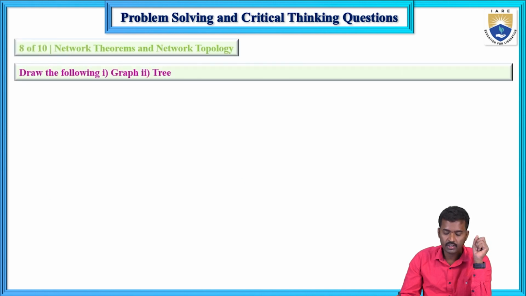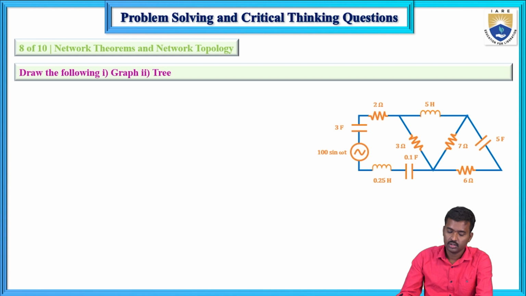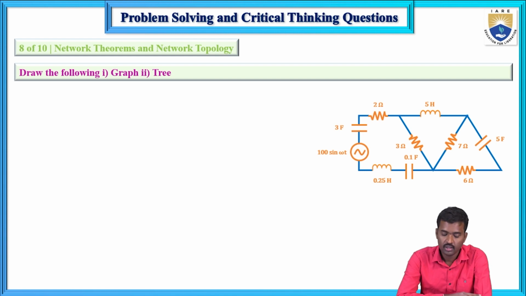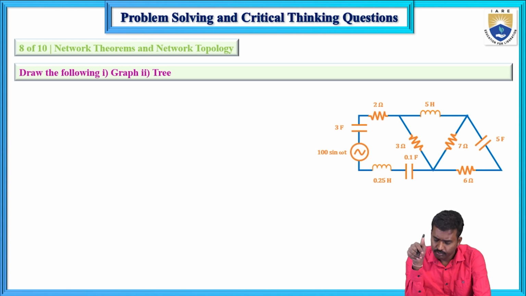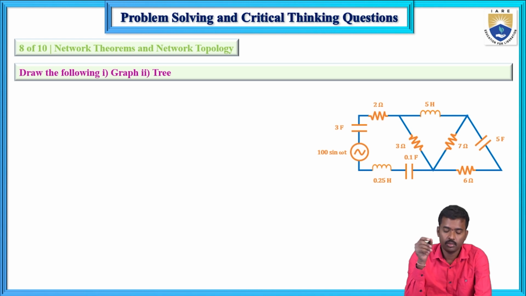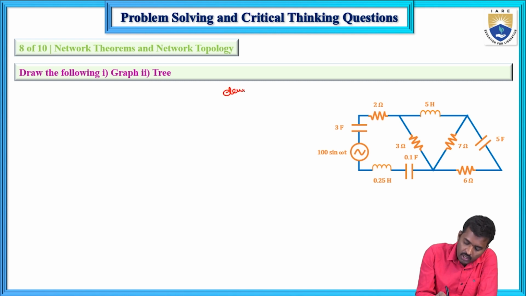Now draw the graph and tree for a given network. To draw the graph, all elements must be replaced by short circuit, and only a current source is replaced by open circuit. Short circuit means lines.